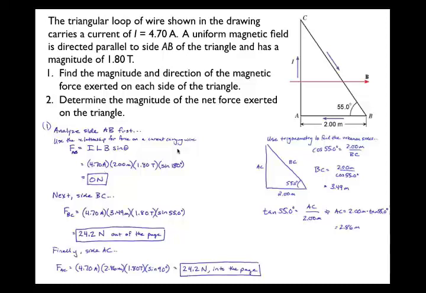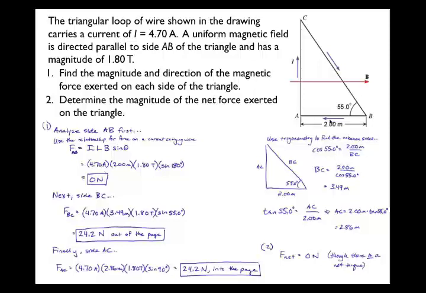And the direction of that force is into the page again, fingers on the right-hand rule pointing up, then curled to the right of the page in the direction of the magnetic field, leaves your thumb pointing into the screen, and that would be the direction. The magnitude is, of course, the same as it is on side BC. And so if you have one 24.2 newtons out of the page and the other is 24.2 newtons into the page, the net force then is in fact 0 on this loop.